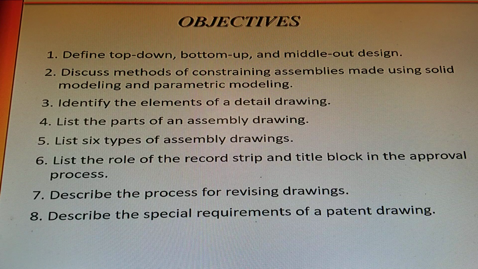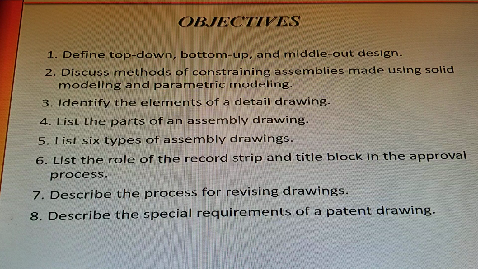Number 5, list 6 types of assembly drawings. Number 7, list the role of the record strip and the title block in the approval process. Describe the process for revising drawings and describe the special requirements of a patent drawing.